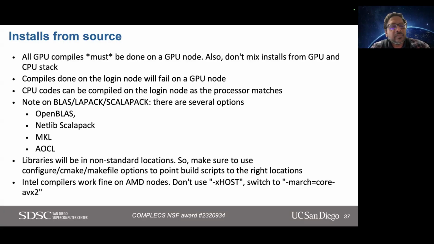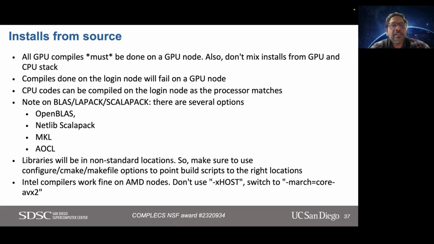And basically, AMD has AMD optimized versions of these. We have all of these installed on Expanse, and the reason is, unfortunately, it turned out it's application dependent which one does better. So you might have to try out a few with your application before picking one.